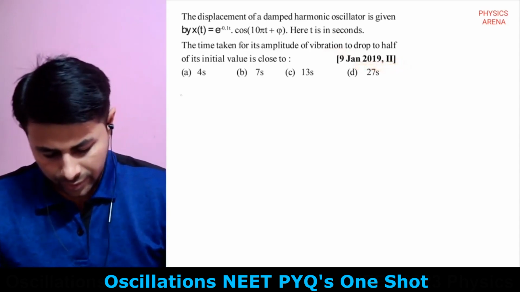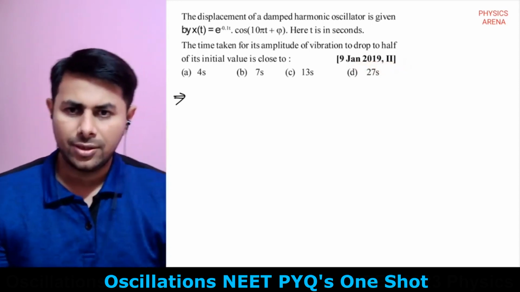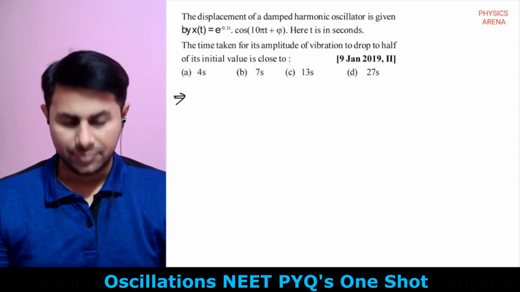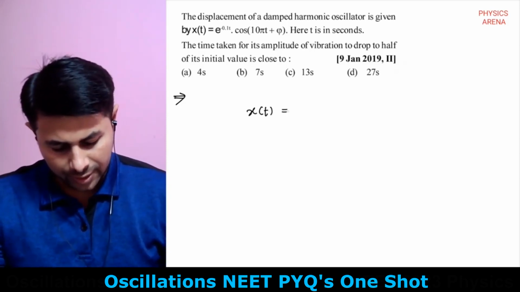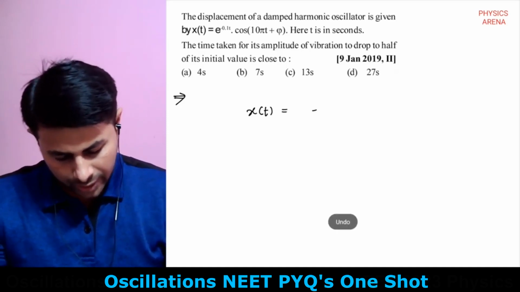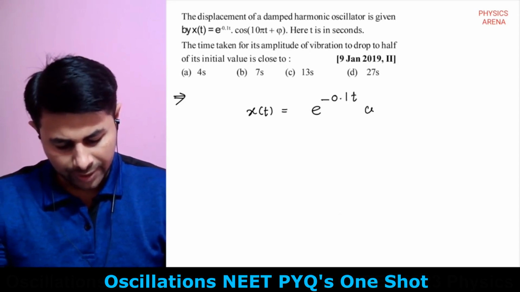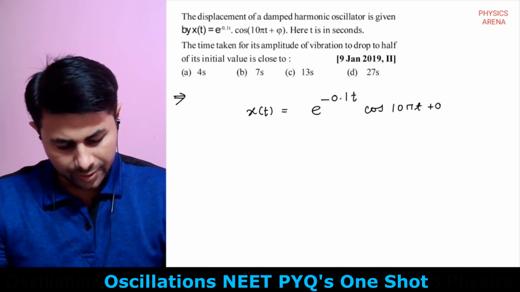Okay, it's a simple question. So this kind of question can be asked in NEET also, right? So x of t is equal to x naught e raised to minus 0.1 t multiplied by cos of (pi t plus phi).